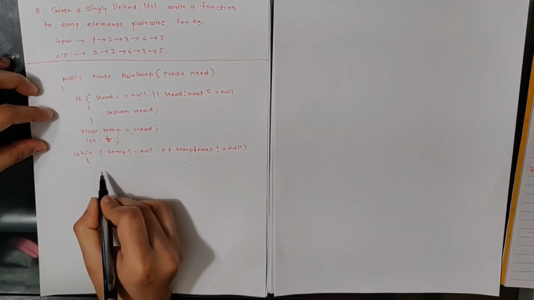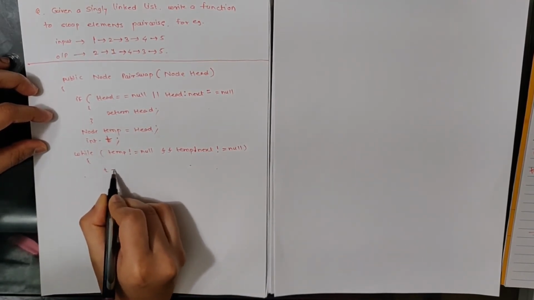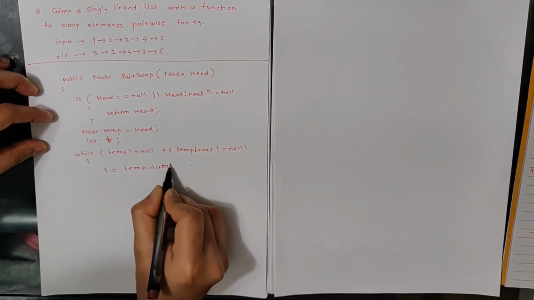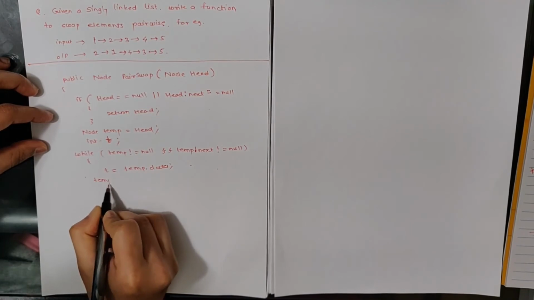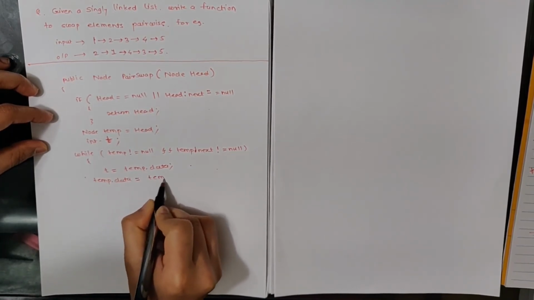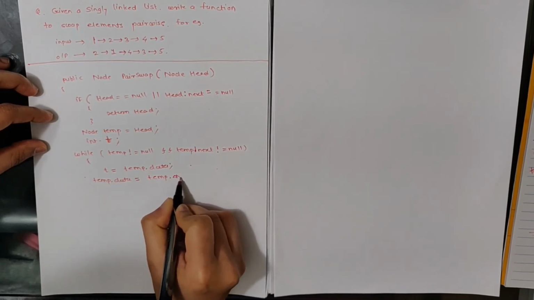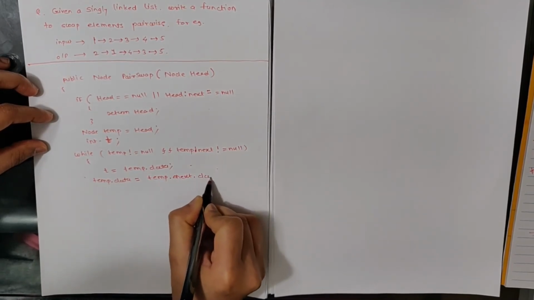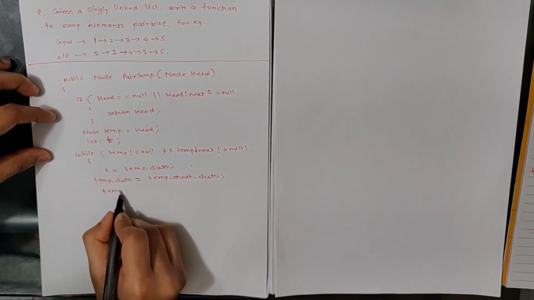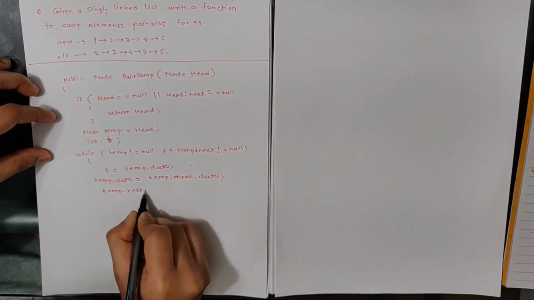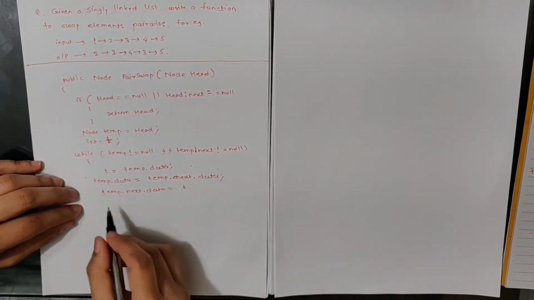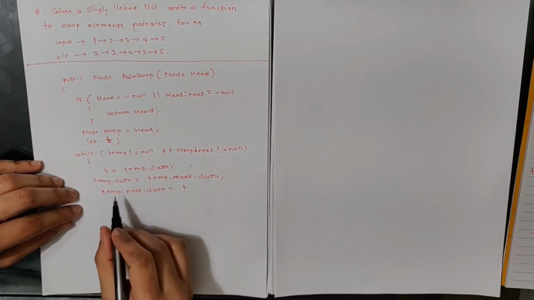Until it is true, we will do t is equal to temp of data, and temp of data is equal to temp of next of data, and temp of next of data is equal to t. This is just the code for swapping the two data.